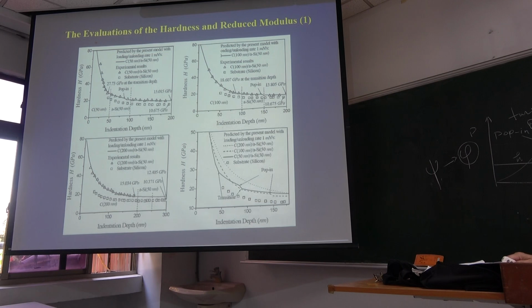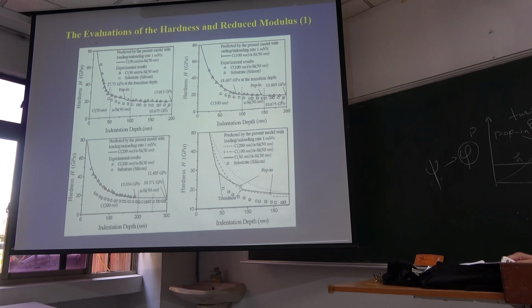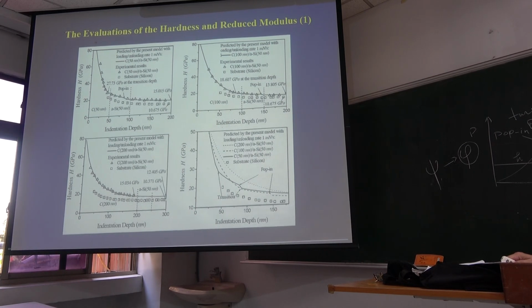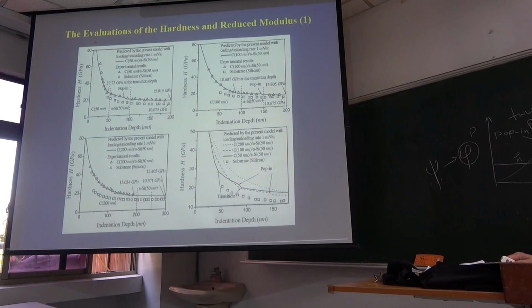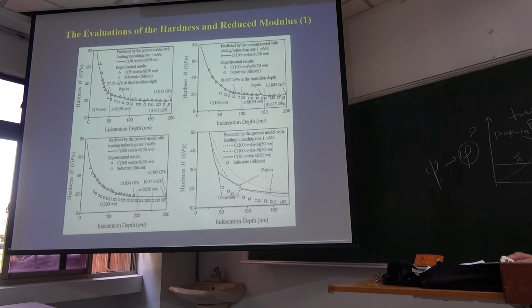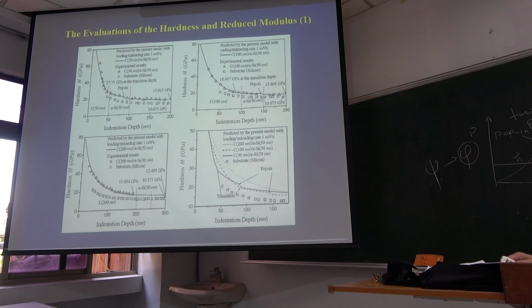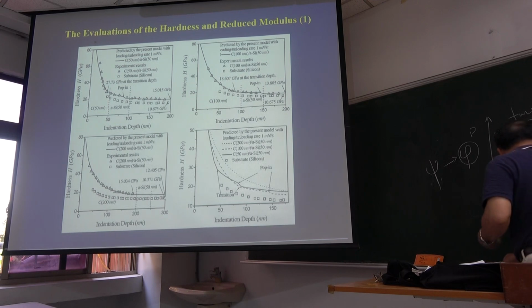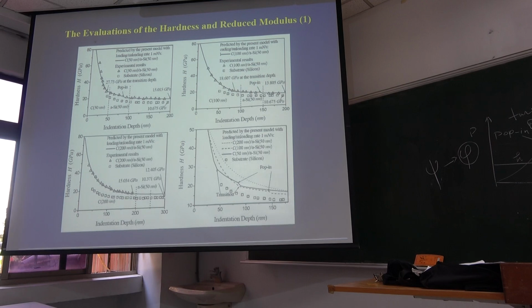So when you measure a thin film, you cannot measure too deep. If you measure too deep, what you measure will be affected by the substrate, so most of it is the substrate effect. Okay, so if the thin film is very thin, as I have told you, your highest indentation depth in general is less than 20% of the total thickness.